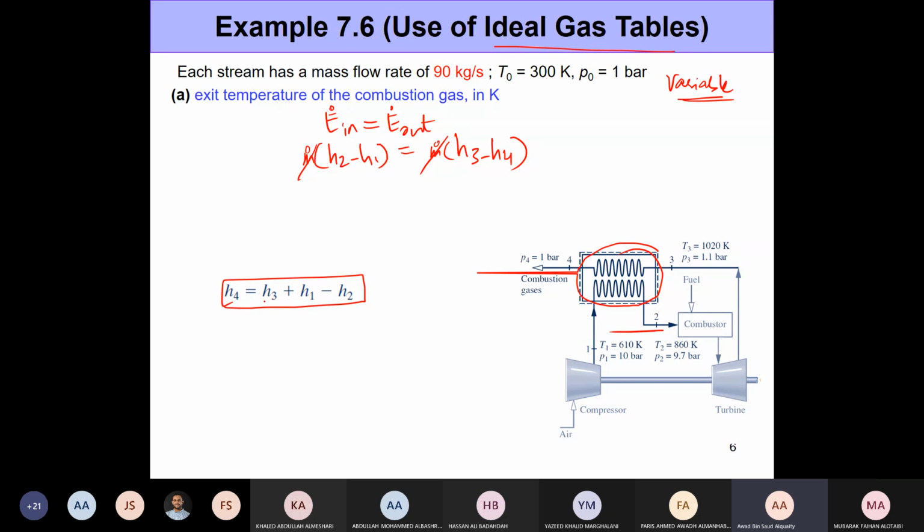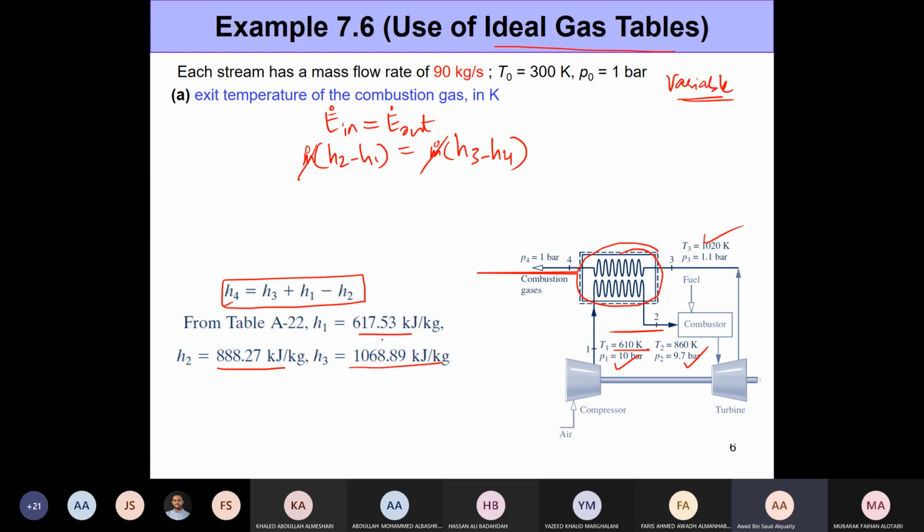Now all we need is to get the three enthalpies right here. We have the temperatures provided, and since we are treating all these as ideal gases, we know that enthalpy depends only on temperature. So you go to table A-22, and at a temperature of 610 you get the enthalpy as 617.53. In the same way, at T2 and T3, we get these values of enthalpies. We have everything that we need.